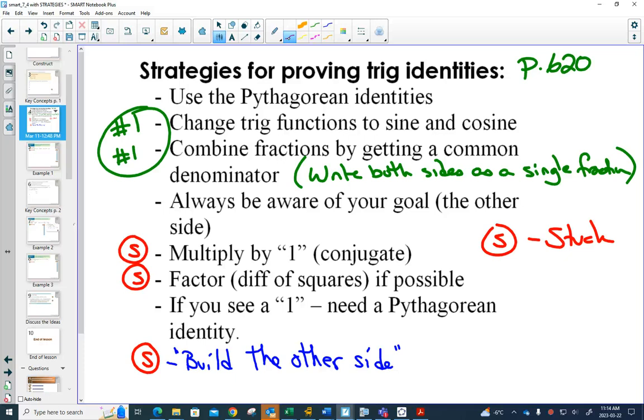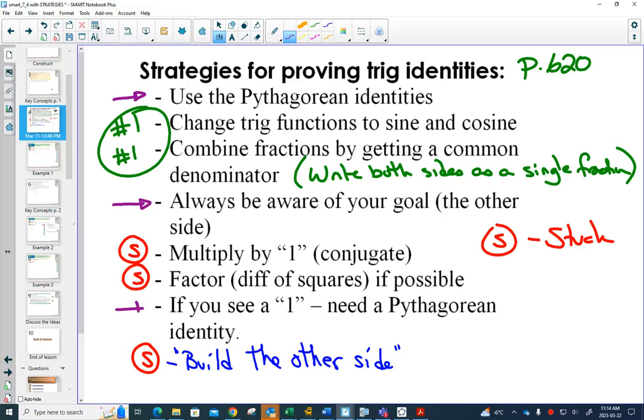Now we've also seen that sometimes changing to sine and cos works, but it's not the fastest proof. So if you are looking at the equation first, look at the other side, see if it has any hints. Sometimes it will give you a hint that you should use one of the Pythagorean identities.